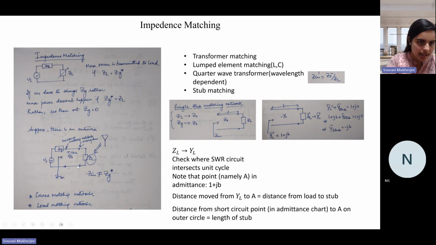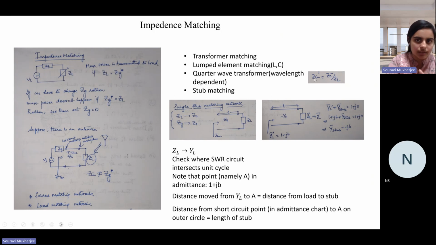And now suppose you have your transmission line such that it has a length of lambda by 4. You know that Z in is related to Z naught and ZL by this relation. And for matching at the source end, Z in should be equal to ZG. So if you put it here, what you see is your Z naught should be given as root over ZG into ZL.